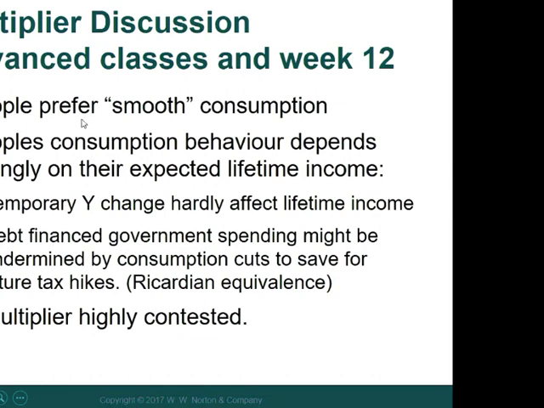Number one, people prefer smooth consumption. So basically, you can imagine if in 1 month you get a lot of income and the next month you get hardly any income, that doesn't mean that in 1 month you go partying and spending big time all the time, and next month you're just living on canned food, right?